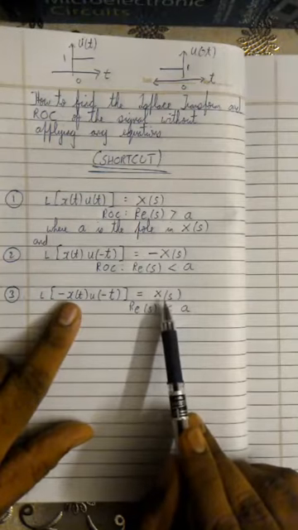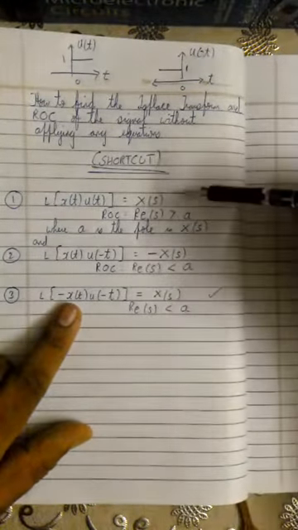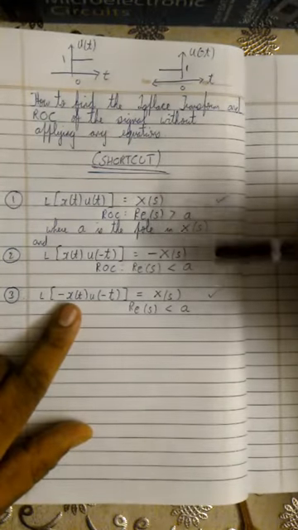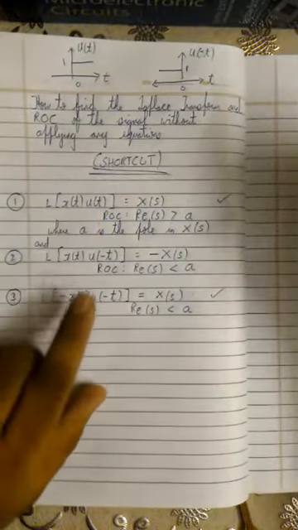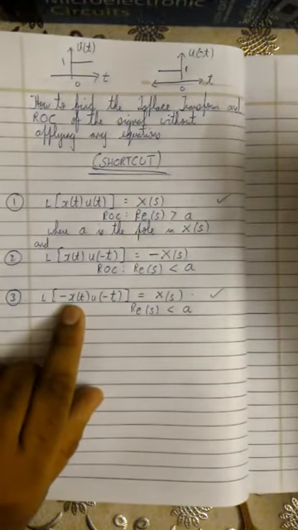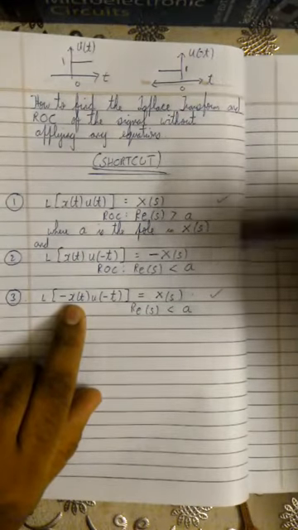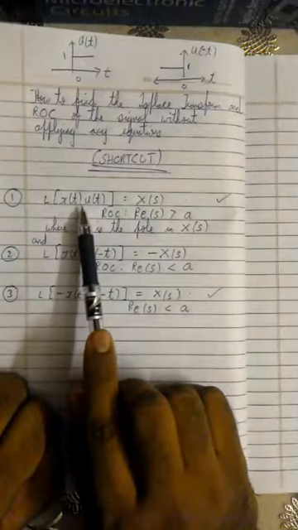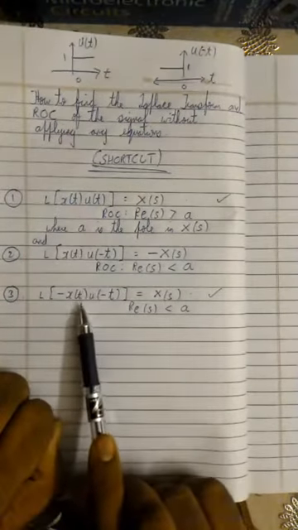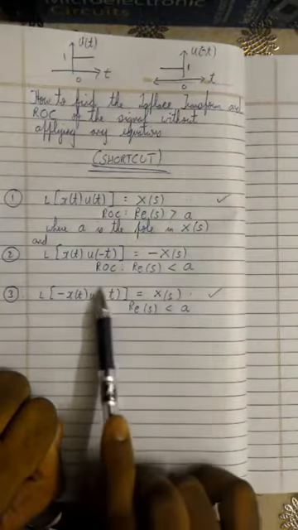s. So if you look at this formula and this formula, the Laplace transform is exactly the same. That is, the Laplace transform of x of t u of t is also equal to the Laplace transform of minus x of t into u of minus t. Both of them have the same value X of s, but this is a right-sided signal, whereas this signal is multiplied with u of minus t, so it is a left-sided signal.